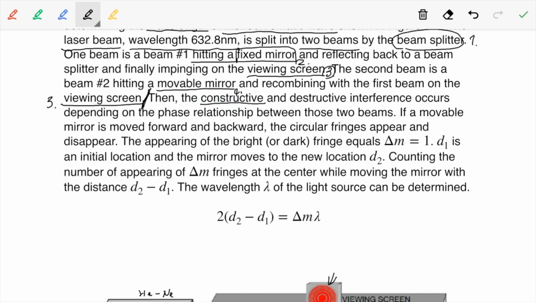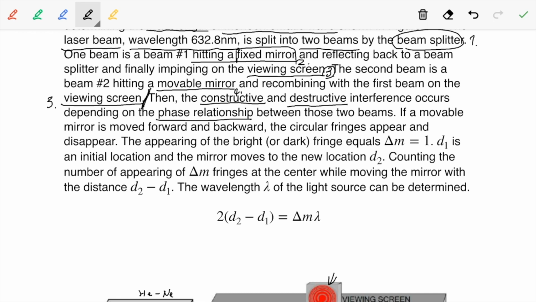A dark fringe is a destructive interference pattern. Constructive and destructive interference occur depending on the phase relationship between these two beams, and I will mention it after this part.